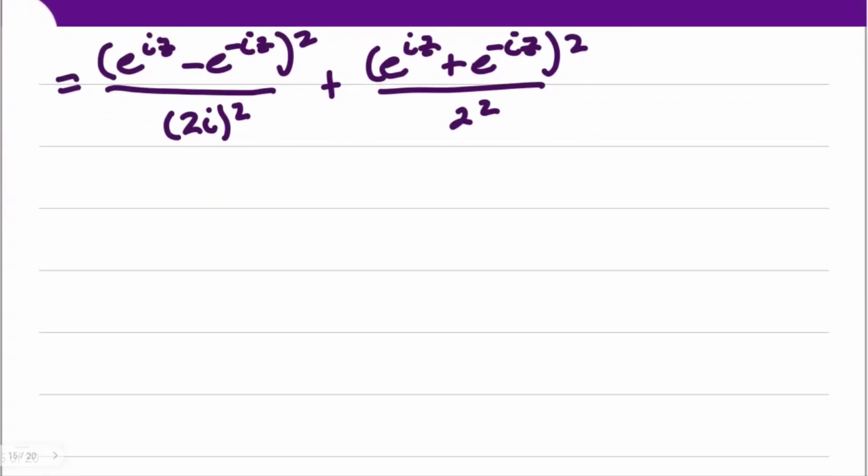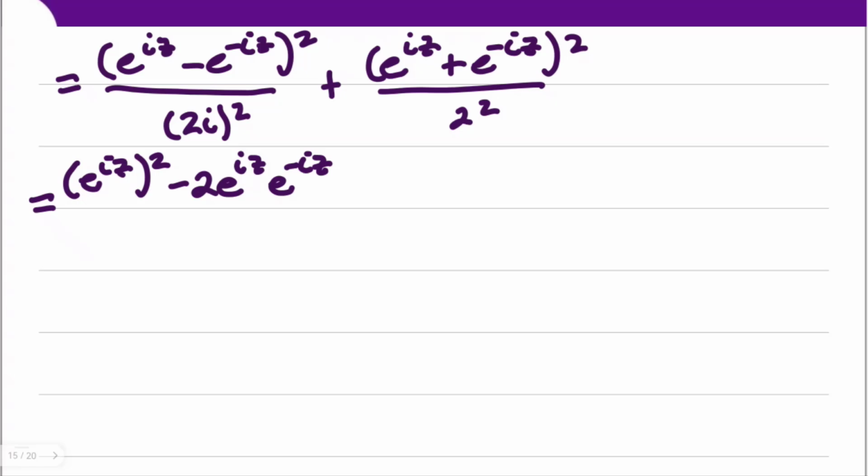As for the first term here, the squaring of a binomial is very important. It's actually like this: the square of the first term, okay? Then you will be using this operation, minus twice the product of the terms. Take note, that's how we expand or square a binomial expression.